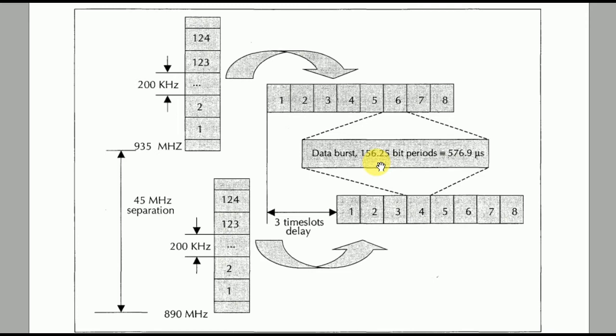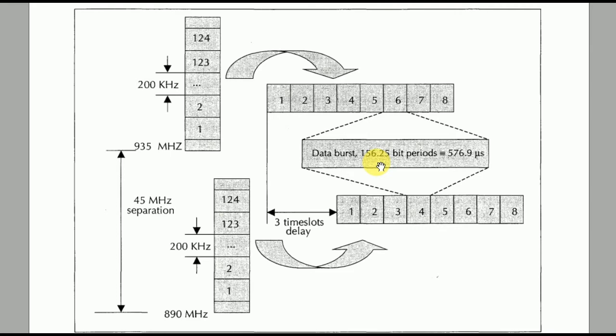That means 0.577 times 8 equals 4.615 milliseconds, which forms the basic unit for the definition of logical channels. Channels are defined by the number and position of their corresponding burst periods.